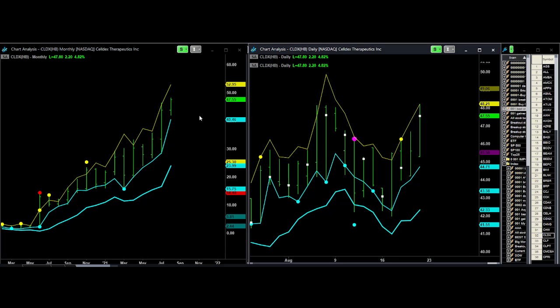For example, this is a daily chart, and for some days the difference is, this is $42, and this is $46. It's about a $4 difference in one day. It's not bad, and that's $42.3, and this is $45.